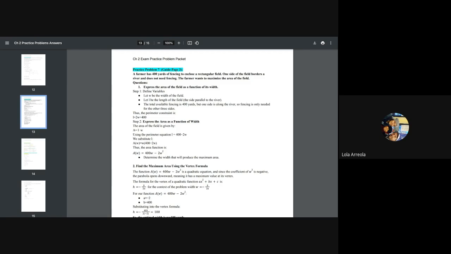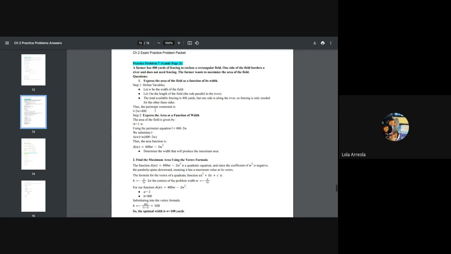So now let's get into answering the questions. It says, first thing, express the area of the field as a function of its width. Okay, so I want to fill out the area of the field as a function of width. Well, normally I know area is equal to length times width.